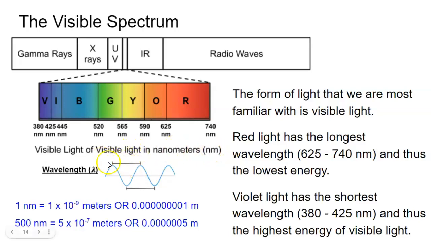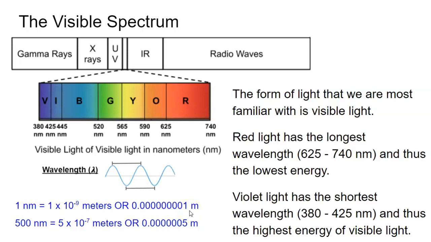So when we say wavelength, we're talking about the distance either between two crests of a wave or two subsequent troughs. And a nanometer is equivalent to 1 times 10 to the negative 9 meters, or basically 8 zeros to the right of the decimal, then 1 meters.